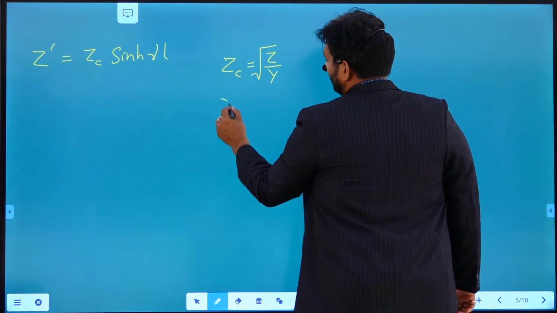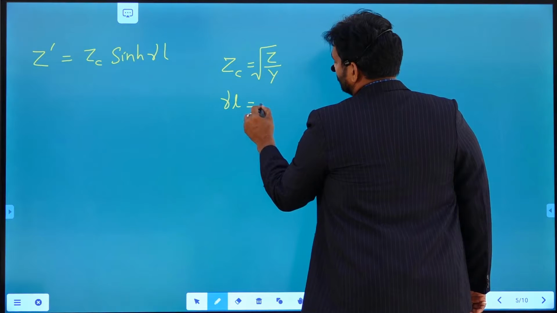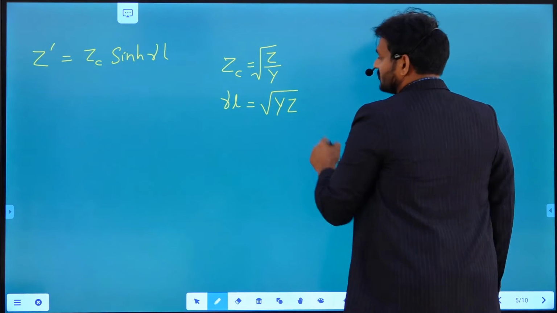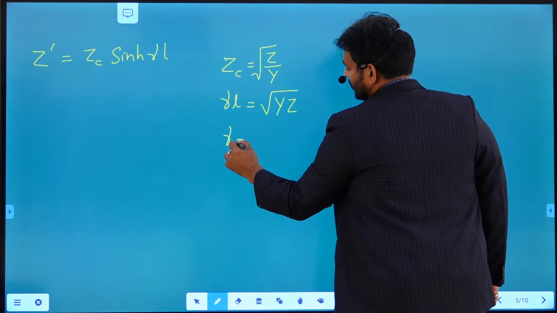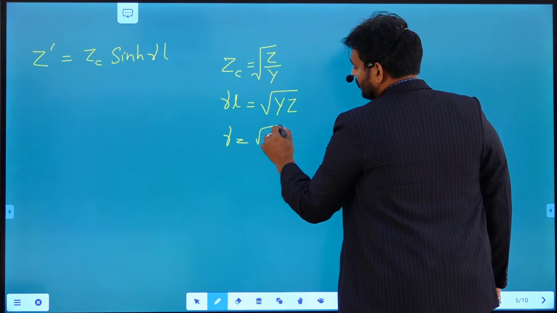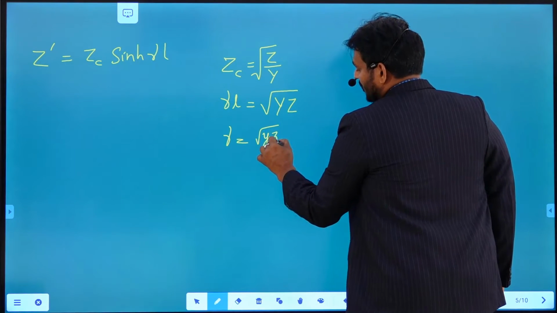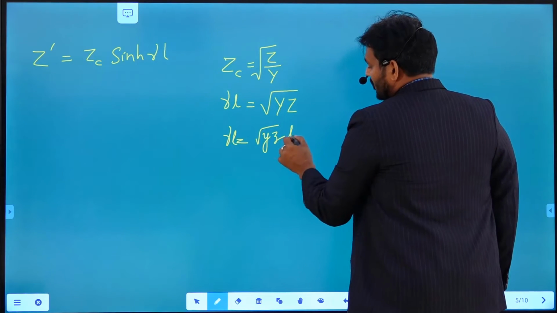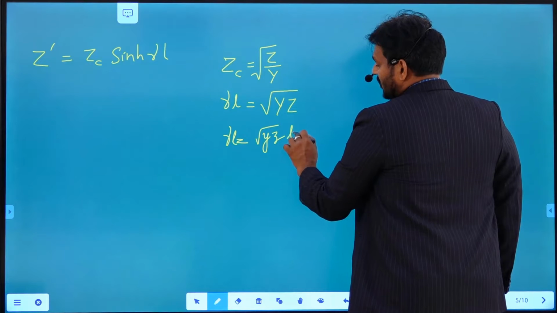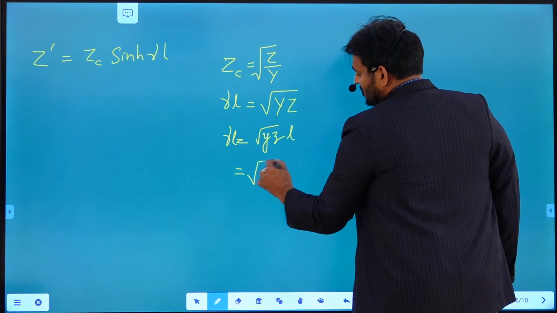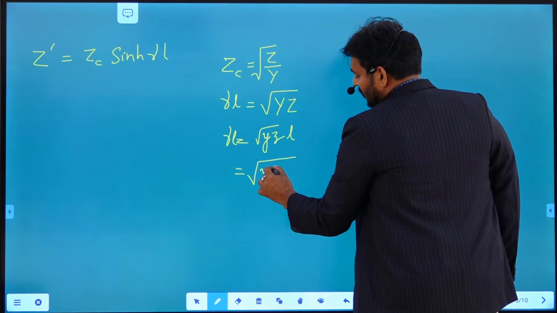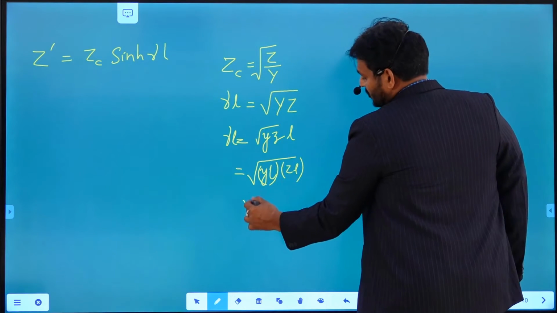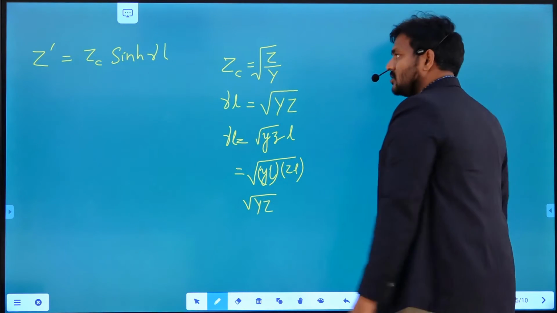And gamma L, we know, is equal to square root of Y into Z, because gamma is equal to the square root of admittance per unit length into impedance per unit length. So gamma into L will be square root of YZ L. If L goes inside, it will become L square. So you can write it as YL multiplied by ZL, that is nothing but square root of Y into Z.